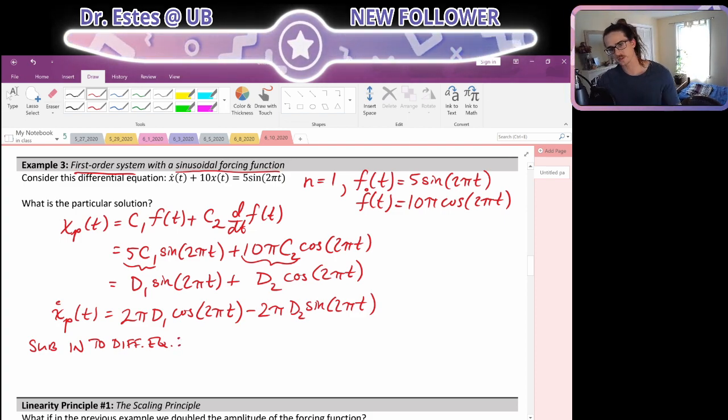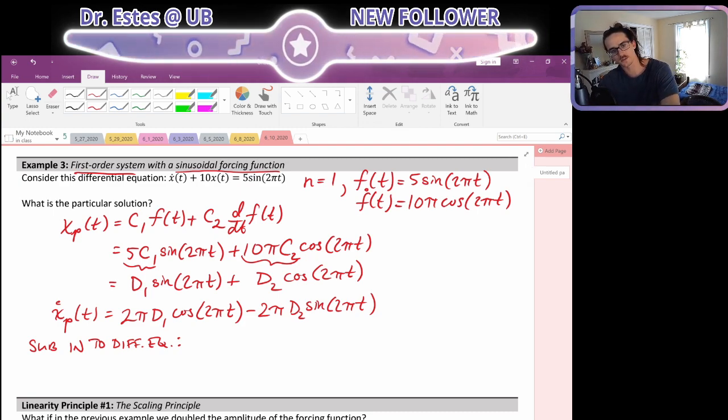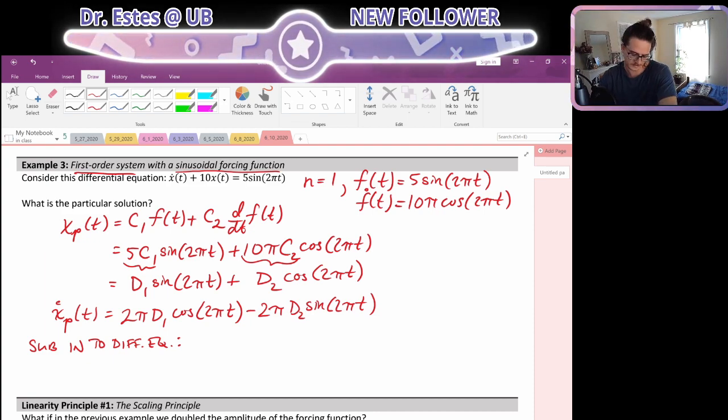As we're doing this, this is just showing that the particular solution, you can solve for it independently of the homogeneous solution, and you don't need to use the initial conditions to solve for the coefficients of the particular solution. So that's a difference between the particular and the homogeneous.